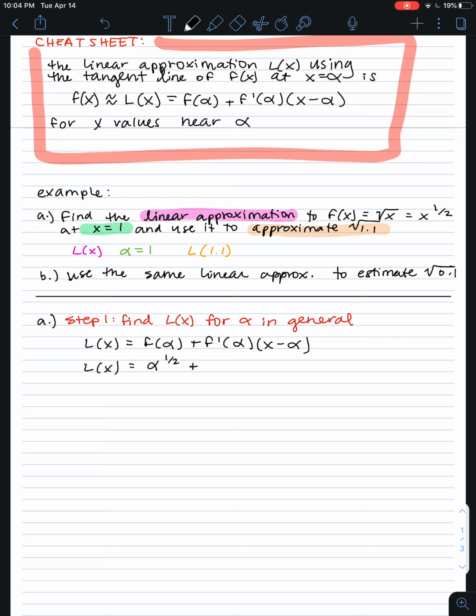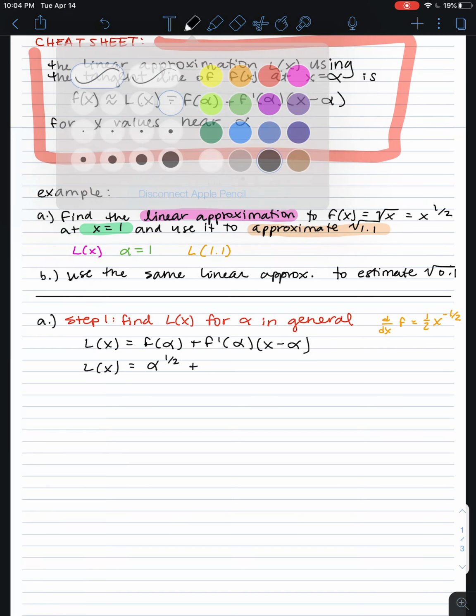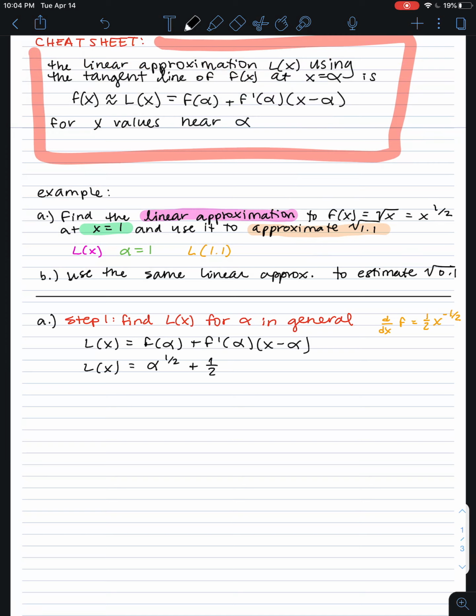Okay, and now we need to take the derivative of f with respect to x and plug in alpha. So just as a little side note over here, the derivative with respect to x of f is 1/2 x to the negative 1/2. So that means over here we have 1 over 2 times the square root of x. This is the way you would write that. Times x minus alpha. Okay, so that's our general formula.